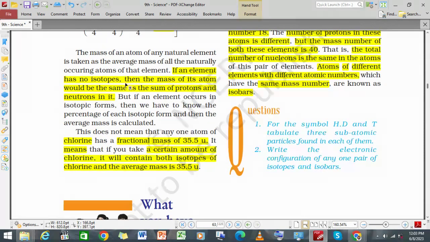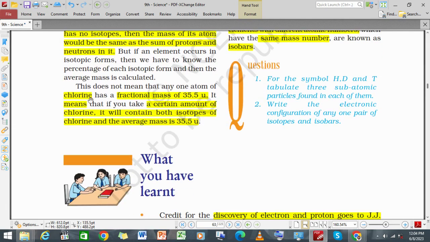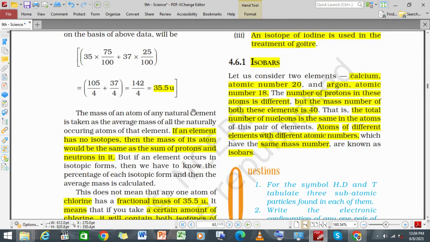And if an element has no isotopes, means it doesn't have two different mass numbers, then the mass of its atom would be the same as the sum of protons and neutrons. Means if there are no different masses, at that time the atomic mass is the same as the sum of protons and neutrons. Now, chlorine, we have talked about it.